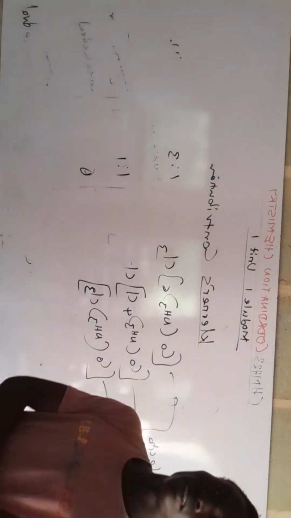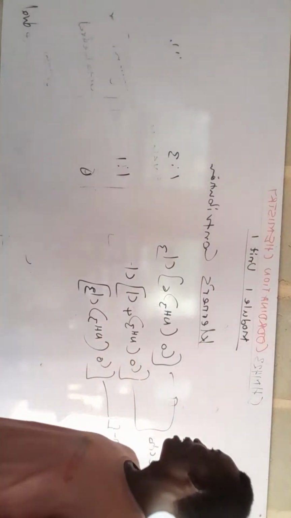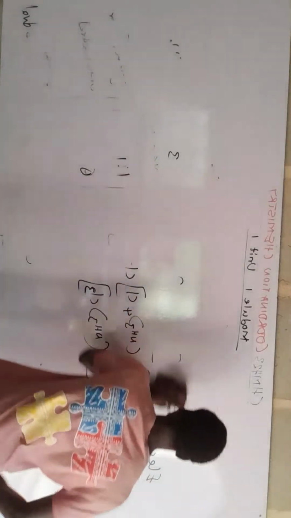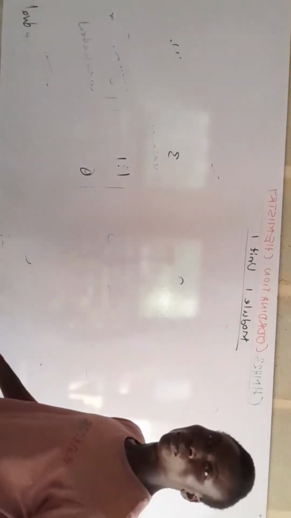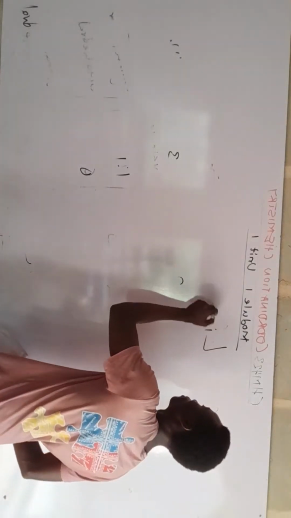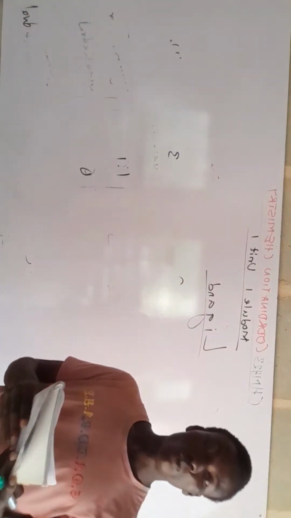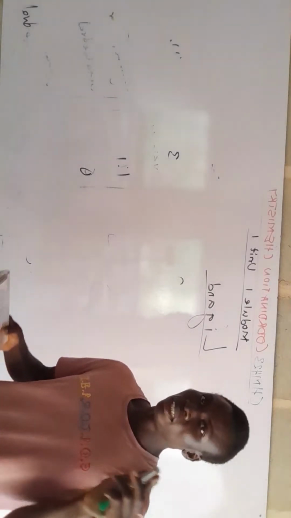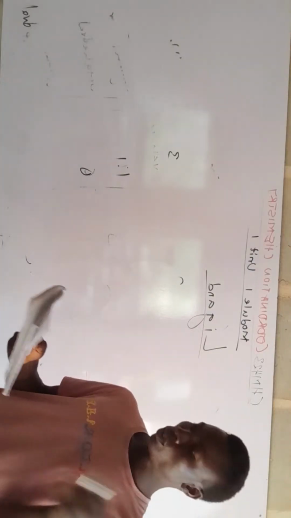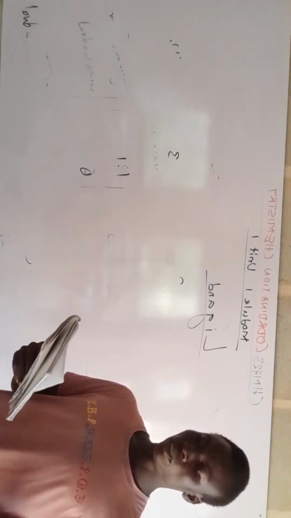Let us talk about the ligand. Yes, the ligand. Now, when we're talking about ligand, this is what I want you to know concerning ligand. Ligands are Lewis bases, which coordinate to central metals. Take note, ligands are Lewis bases, which coordinate to what? To central metals, atoms or ions in a complex.